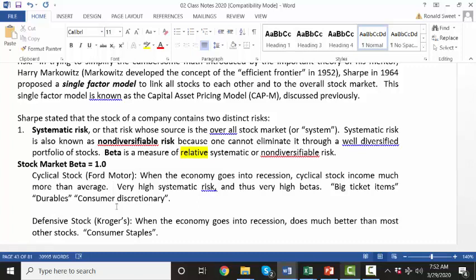They're going to be cutting back on those big ticket consumer discretionary products. And therefore they have high systematic risk, and therefore they have a high beta. So the stock market has, by definition, a beta of 1. So Ford might have a beta, let's say, maybe it's 1.8. That's 80% more systematic risk than the typical stock in the market. That's why I say it's a relative measure of risk.